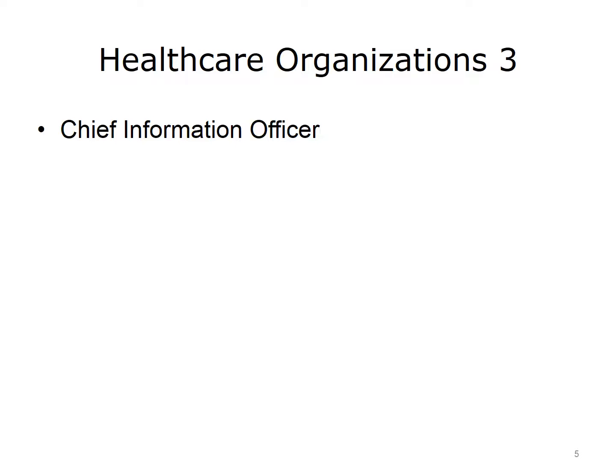Starting in the 1990s, most hospitals had a Chief Information Officer, or CIO, with a much broader role than simply directing the data processing function. The CIOs became responsible for both clinical and administrative information systems and often reported to the hospital CEO.